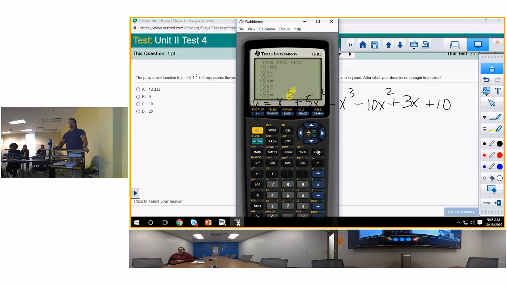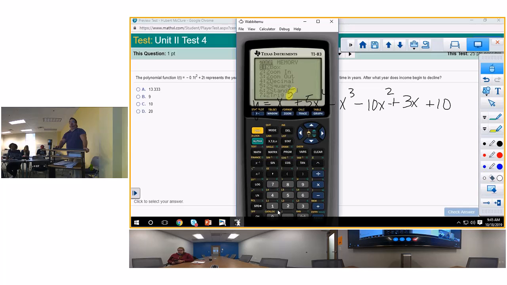Y equals negative 0.1 x squared plus 2x. Graph. You're probably going to have to do a zoom standard, or a zoom fit. Let's try zoom fit. Okay, let's do zoom standard. If not, we'll move over.